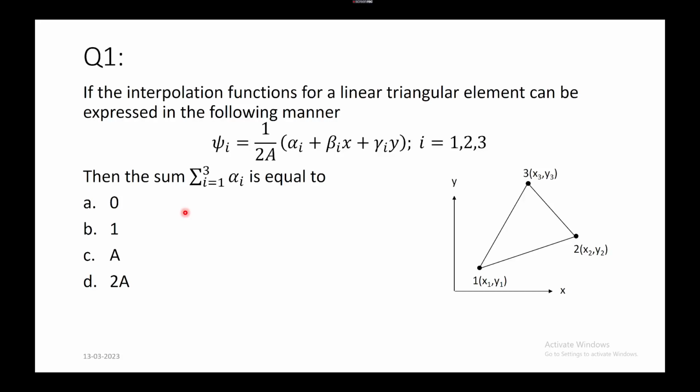So, are you aware of what are the alpha, beta, gamma for a shape function for the linear triangular element? If you are aware, you can simply take the sum of alpha 1 plus alpha 2 plus alpha 3. Can you quickly work it out and tell me what is the answer?